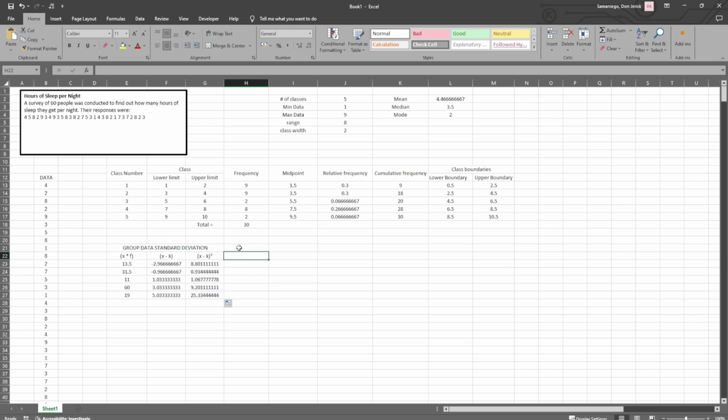Next is the X minus X bar squared times the frequency. Simply equal to the X minus X bar squared times the frequency. Then spread.